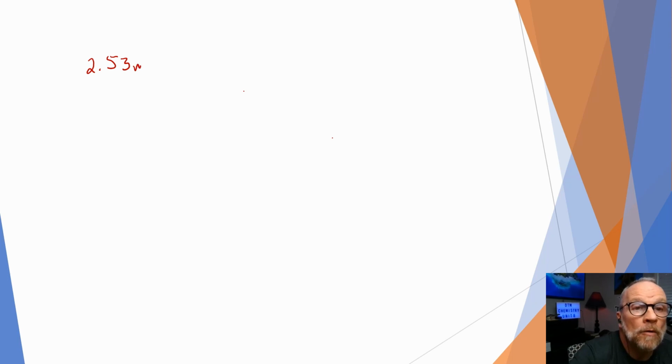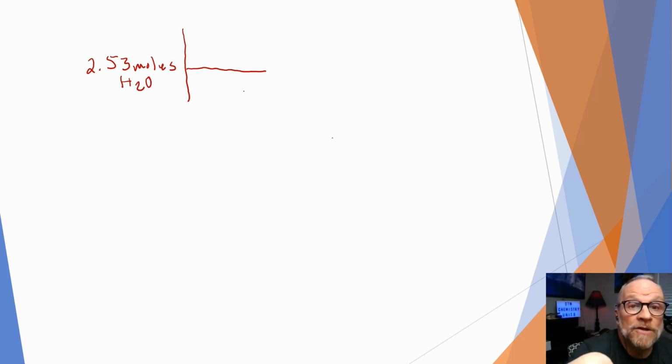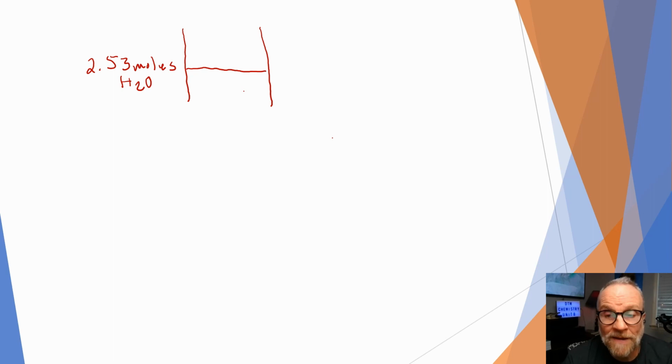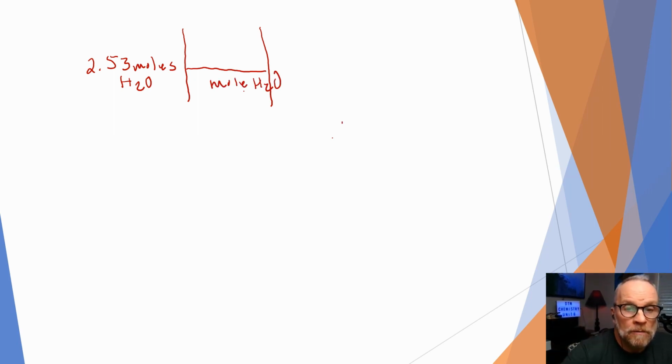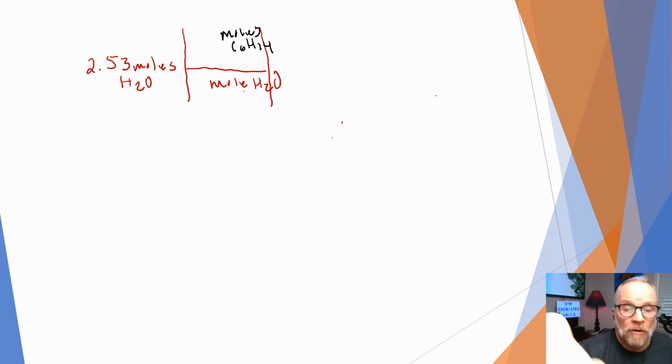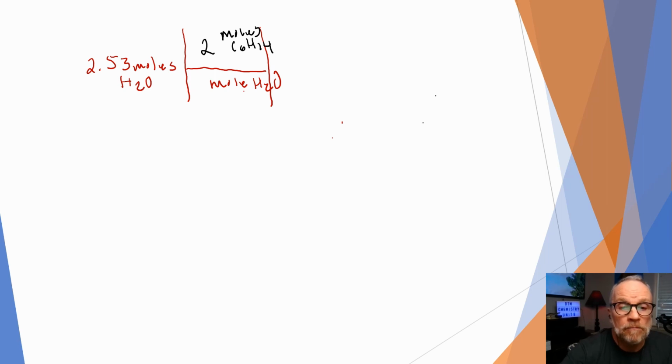Okay, so we have 2.53 moles of H2O at the end of the reaction. And so the question is, how many grams of the hexane were used? That's the excess reagent. So here we go from moles of water to moles of hexane. And if we look at the balanced equation, we had 2 moles of hexane per every 14 moles of water.